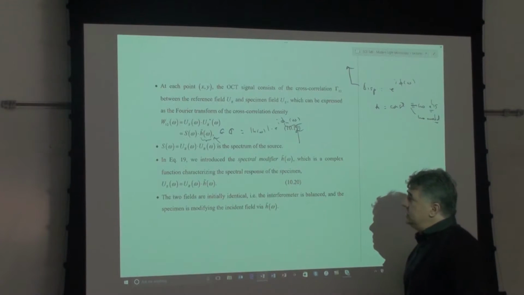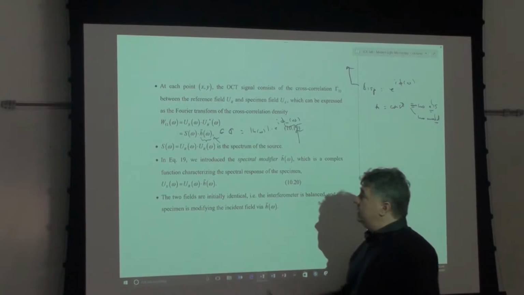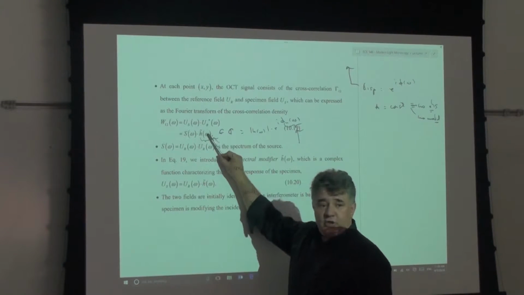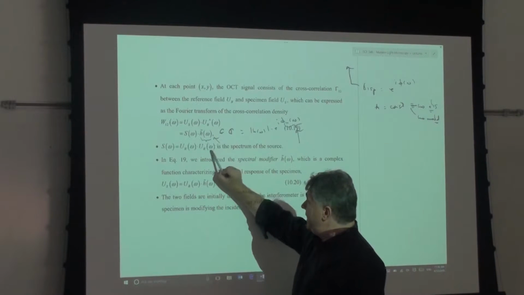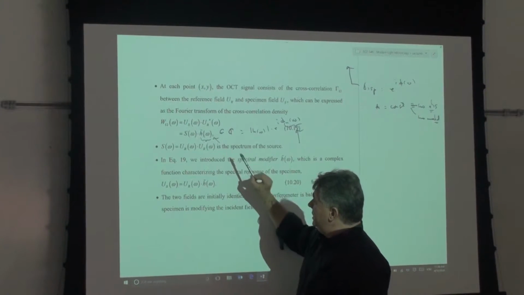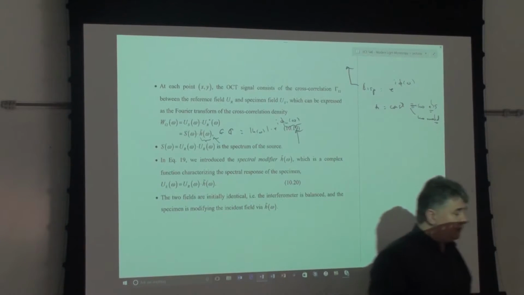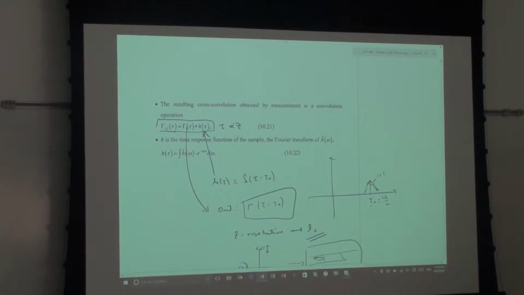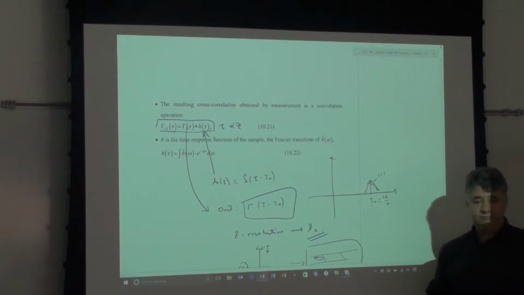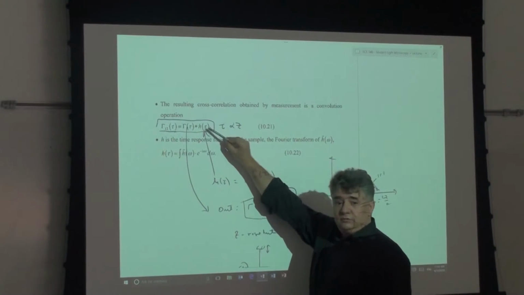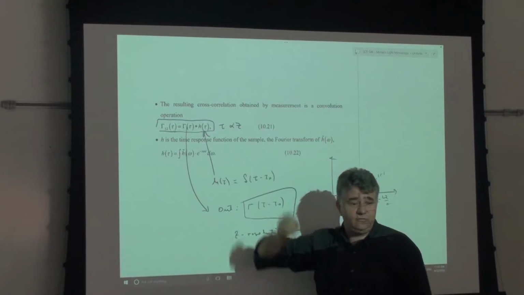Okay? So again, if we assume that the power in the two beams is identical, except for the object in one beam, then these two combined give you the original spectrum. And when I take the Fourier transform of that, clearly the Fourier transform of my original spectrum gives me the autocorrelation function. And the Fourier transform of H gives me H of tau.